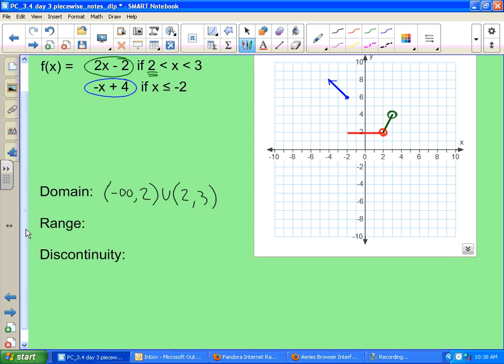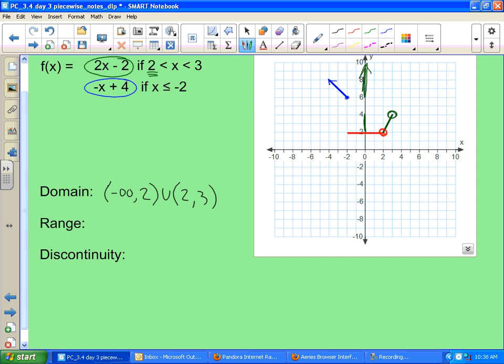Squish everything onto the y-axis. 2 to 6? No, not even 2 to 6. 2 to 4. Take this line here and squish it onto the y-axis, and I only get that much. And then from 6 on, I'm going to get my line hanging out on the y-axis.